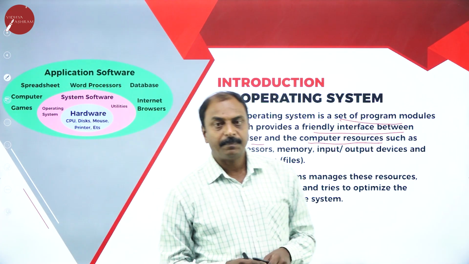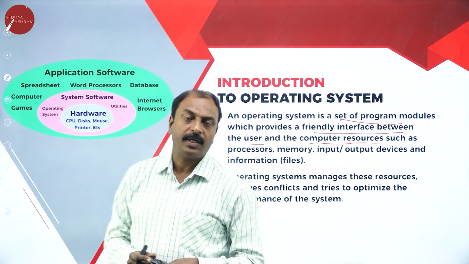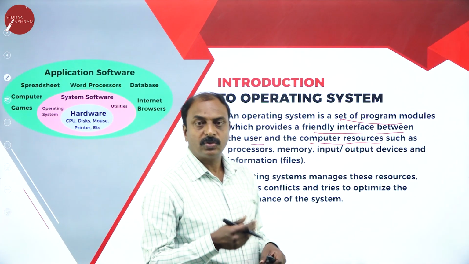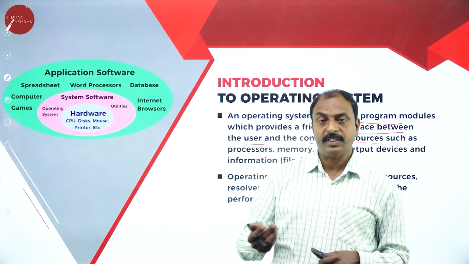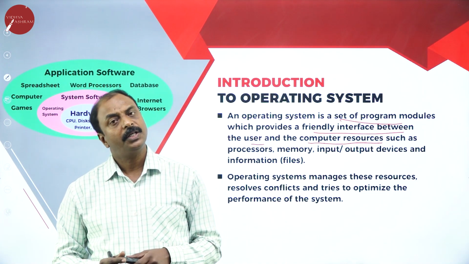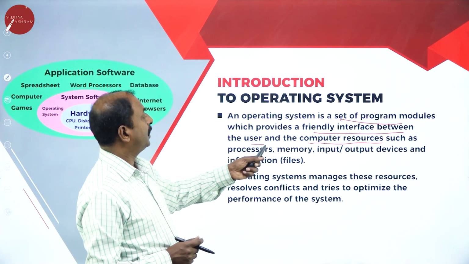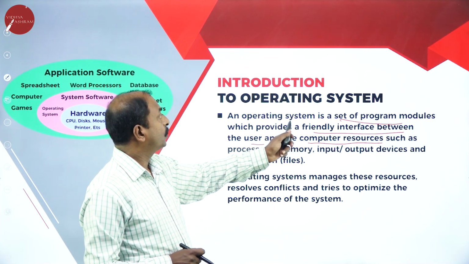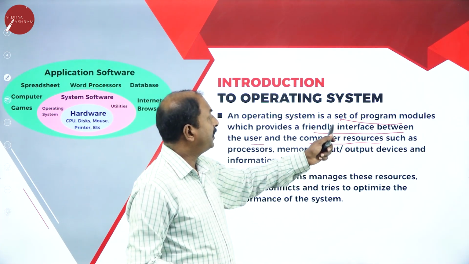At the beginning, we have seen that there are three components in a computer system. One is the hardware component, the software component, and the next one is users. Who are users? One who uses the computer is called a user. So here the user is communicating with the computer through system software. So that is an interface.